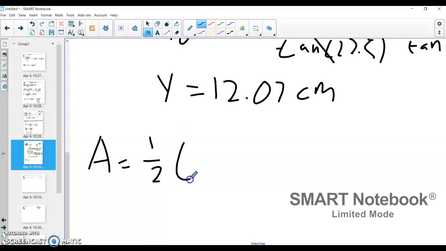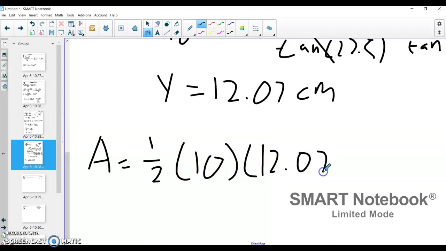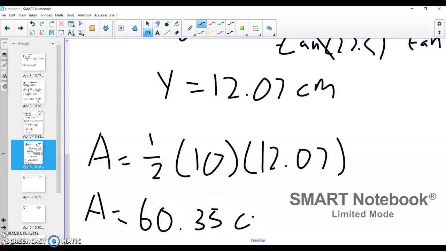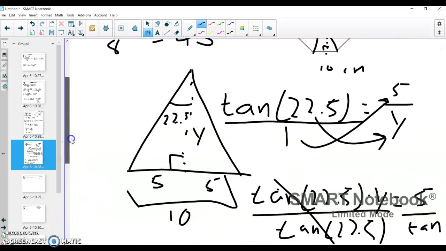I said my base was 10 and my height was 12.07. When I calculate this out, 1/2 times 10 is 5, so 5 times 12.07. I get an area of 60.35 centimeters squared.